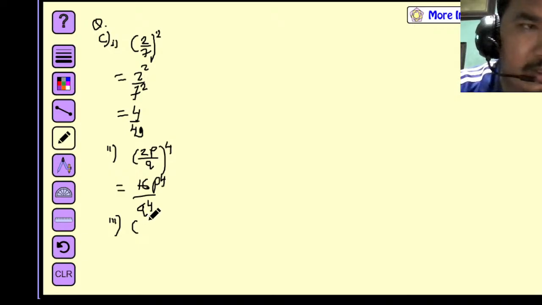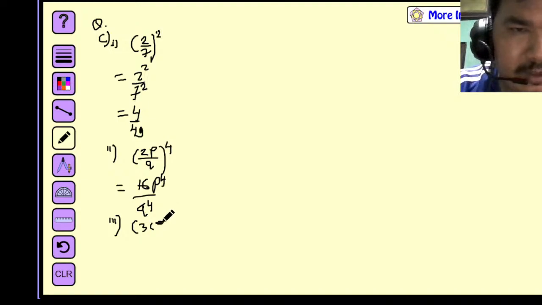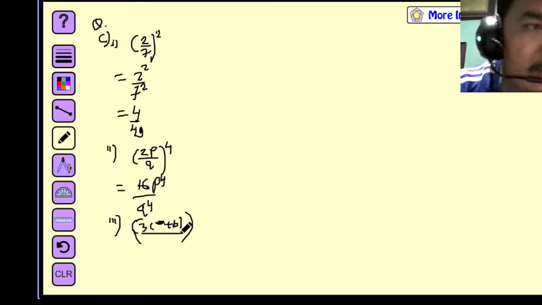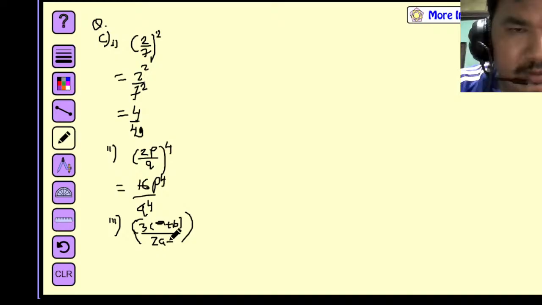Look, here is a bracket and there is 3, and here is into (a plus b), this is a plus b, and then here is also the whole bracket, and upon it is given 2a plus b, here is 2a plus b, okay, its whole power is given 5, okay. Then this is the power of 3 also.